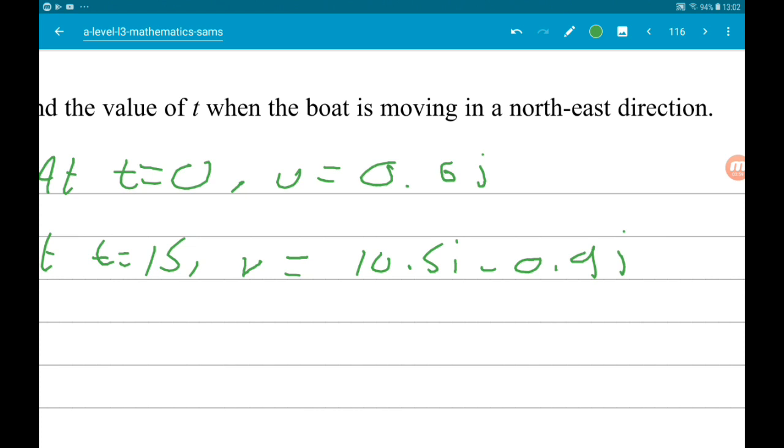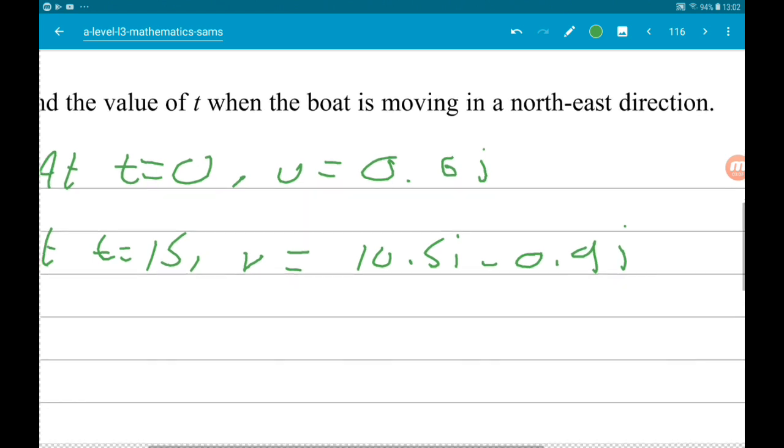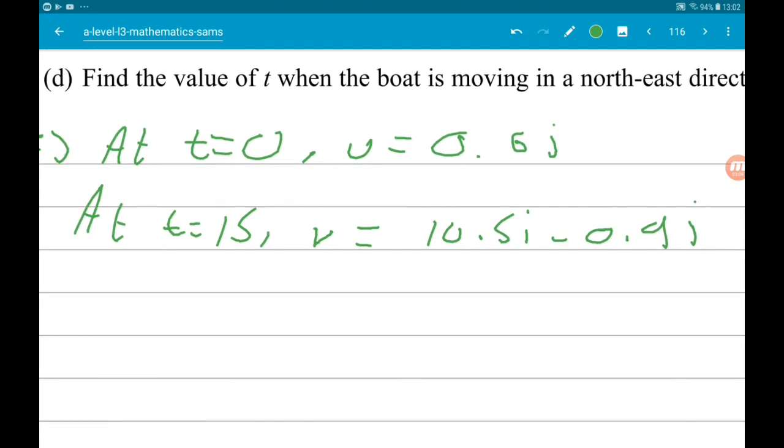So we know u, v, and t. So we can use v is u add at.